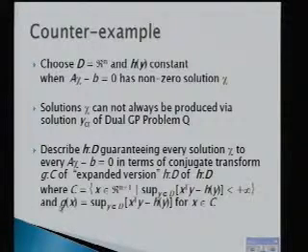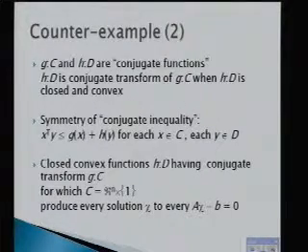All theories of duality, if they're done in the best way, involve the conjugate transformation in one way or another, and that's particularly true of geometric programming. So we're going to do that, and we're going to come up now with another function. In addition to the function h with domain D, we're going to have a function g with domain capital C. Okay? And so what do we do with that?